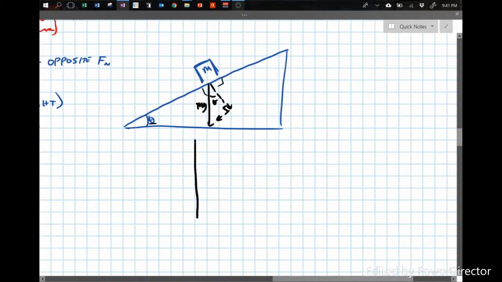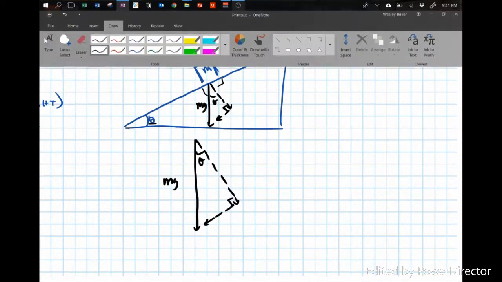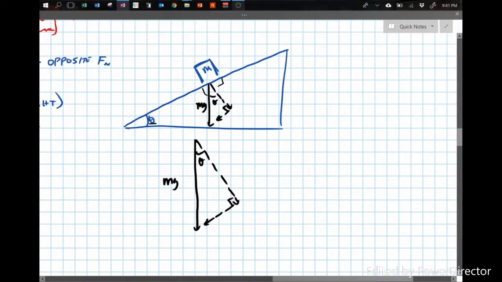Hopefully it makes a little bit more sense. We have mg, it's our hypotenuse. We have the part that is into the plane, and we have the part that is down the plane. They're at right angles. Here's my angle theta. If we're going to label the parts of the triangle, this is my hypotenuse right here. This is my adjacent side. And this is my opposite side.